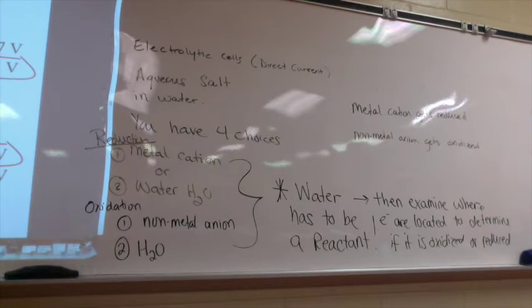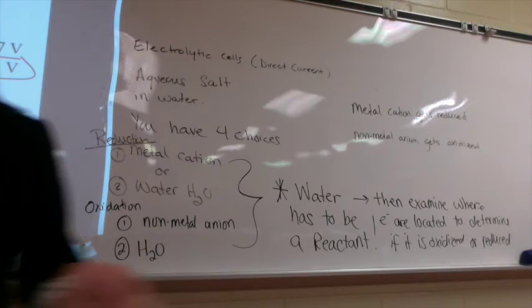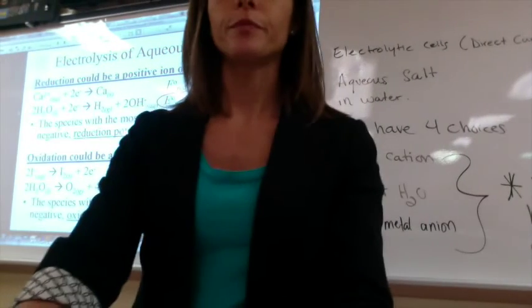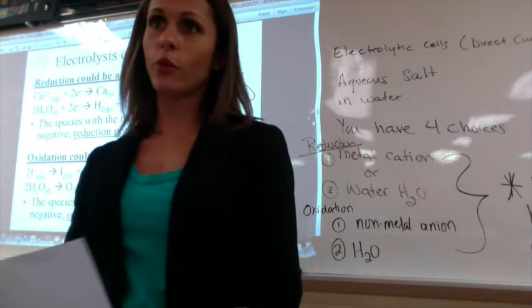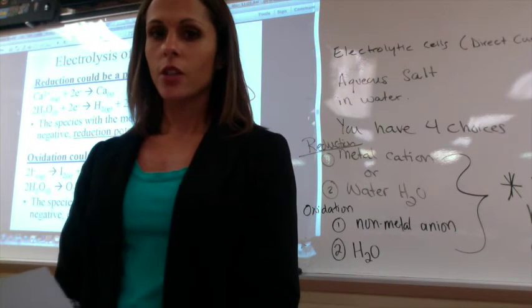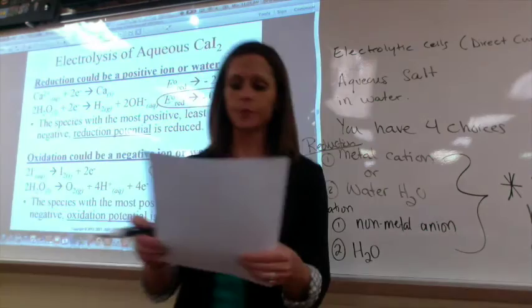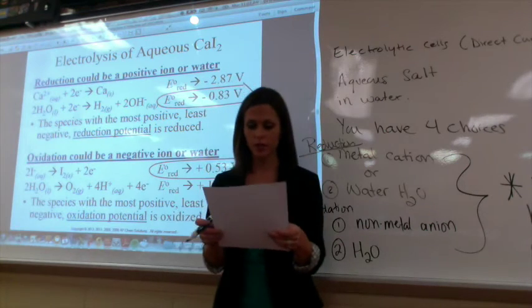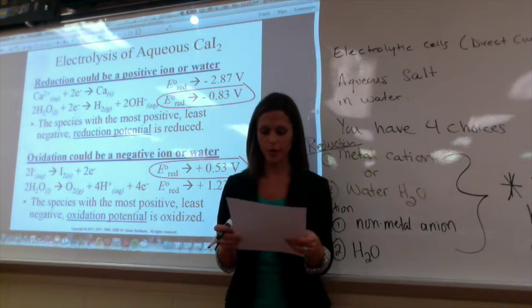Go down the page, find the reduction of water. Did you find the reduction? Where is it? Like 3/4 of the way down? Yeah. So it should say 2H2O plus 2 electrons yields H2 plus 2OH minus.